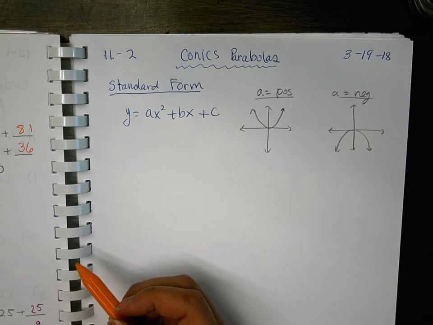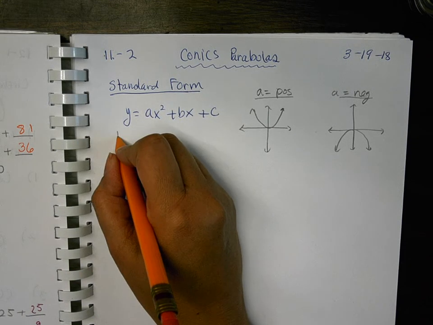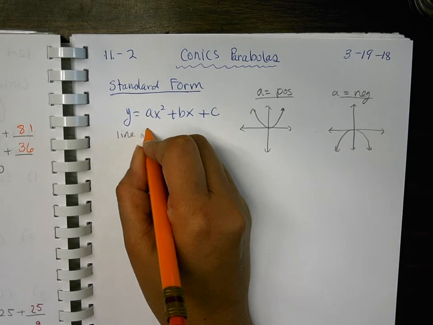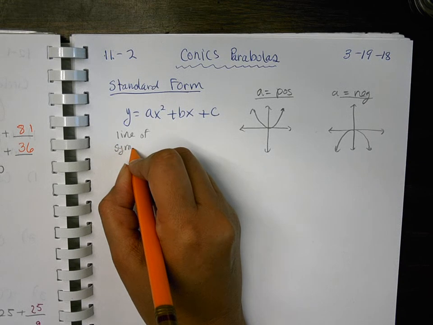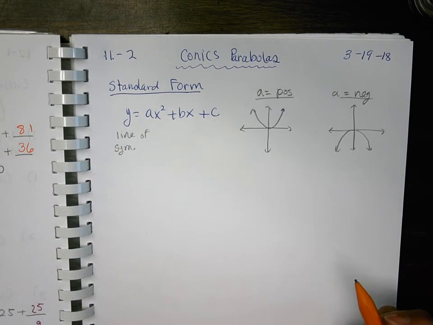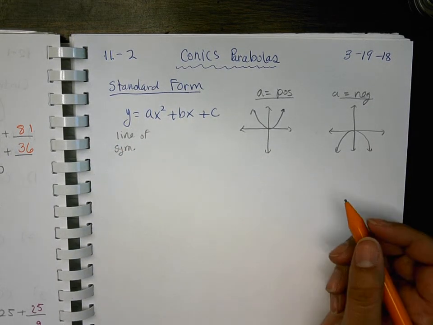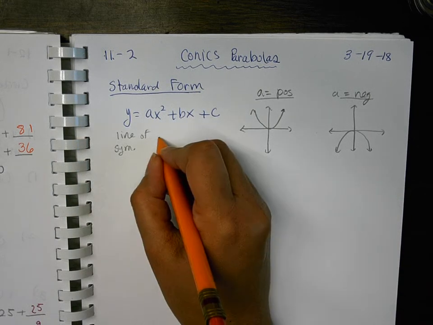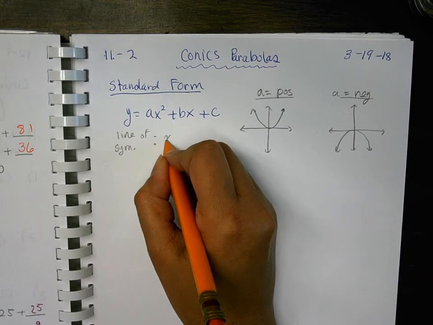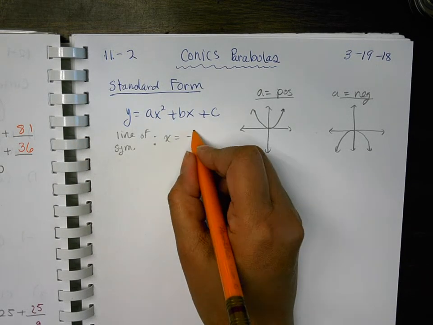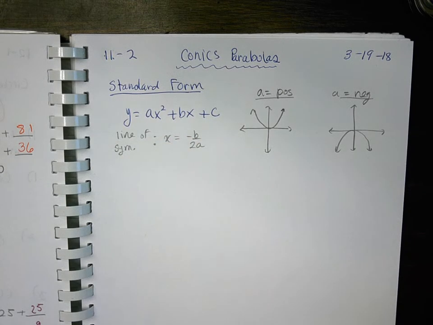Okay, line of symmetry. Do you guys remember line of symmetry? Did you sometimes call it axis of symmetry? Line of symmetry, I'm just going to abbreviate. It's x equals the opposite of b over 2a.